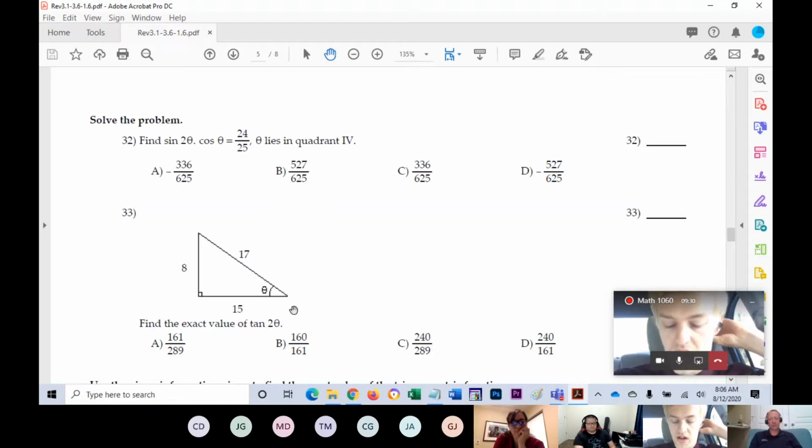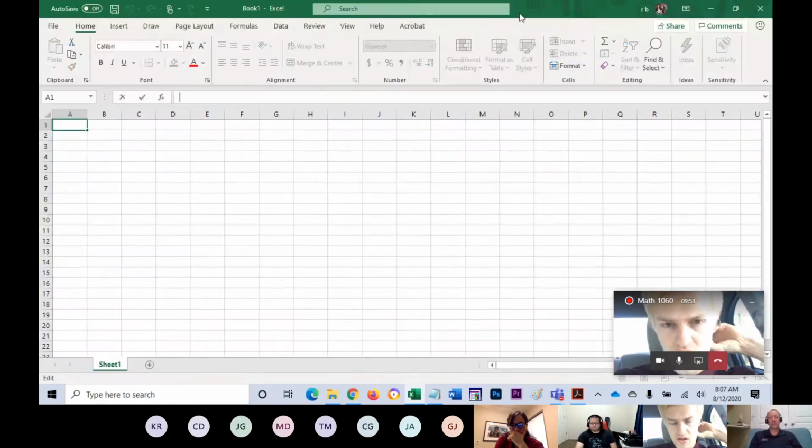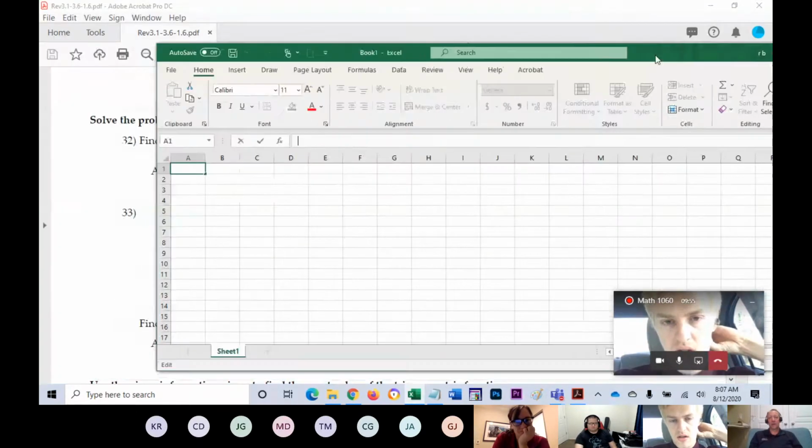So the tangent of theta is 8/15, opposite over adjacent. And so are we just going to put it into the equation? We've got an identity for tangent of 2 theta, right? What's that identity? Tangent of 2 theta equals 2 tangent of theta over 1 minus tangent squared of theta.